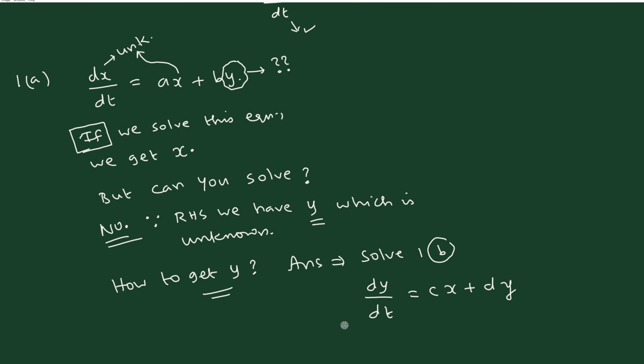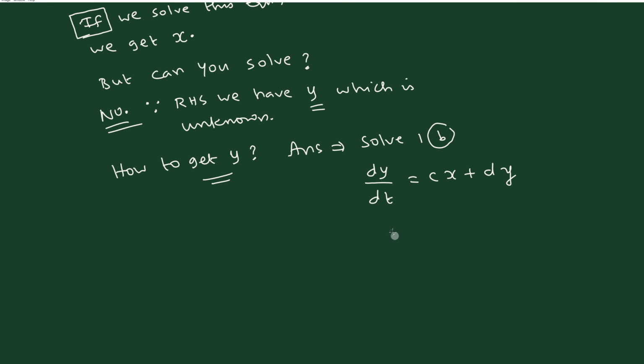But once again, you ask the question, can you solve this? Same question you have to ask. The answer is no. You can't solve this equation because in this equation y is unknown. That's okay. But what about this x? This particular x is unknown.